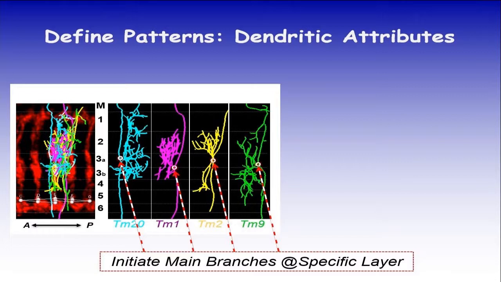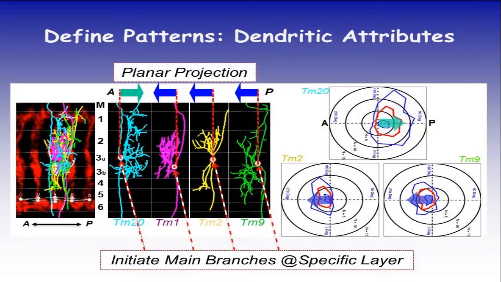So for example, we can see that they all start their dendrite elaboration roughly in this M3 layer. And we can then see that they actually project their dendrites in different directions. For example, the TM20 neurons project dendrites from the anterior end toward the posterior side, whereas the other three project in the opposite direction, as you can see from this polarized plot here.